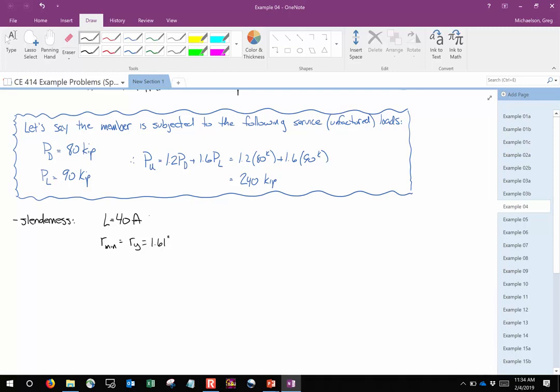Units. 40 feet is how many inches? 480 inches. There we go.